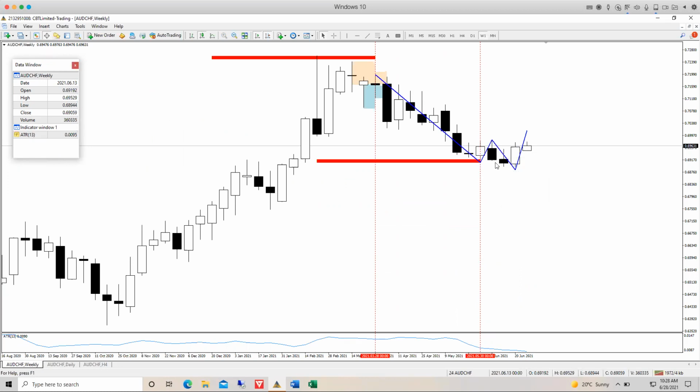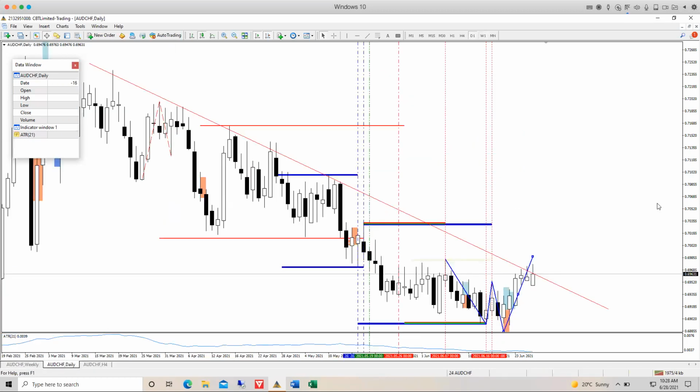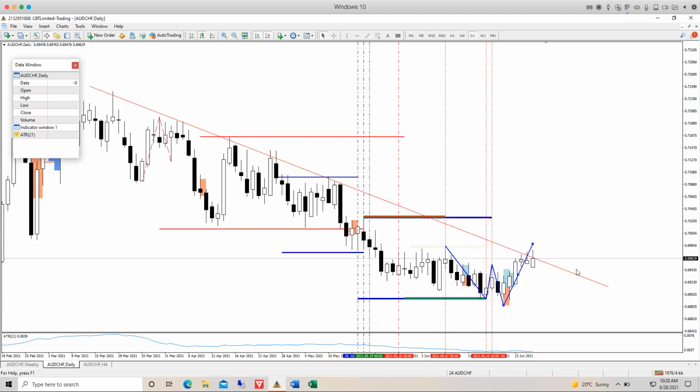But remember, because we had that last week, we were potentially looking to short this with a daily impulse starting with, I think, that. So you may well have taken a bearish daily impulse here on Monday morning. And of course, that just did not work out. So it continued to find support in that area.